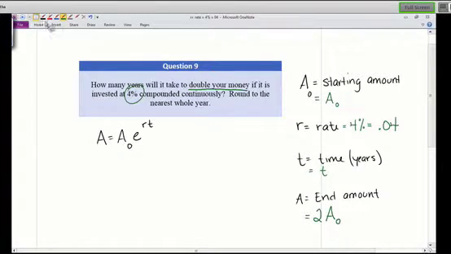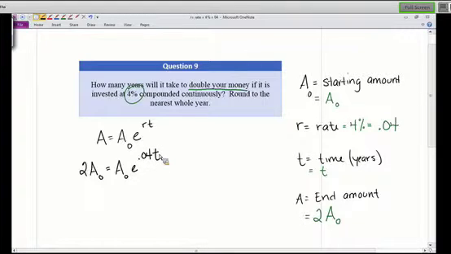Okay, now let me just substitute this into my equation. So A is 2 A sub 0 because we're looking to double our starting amount. Our starting amount is A sub 0 e to the power of 0.04, which is our rate, times t.